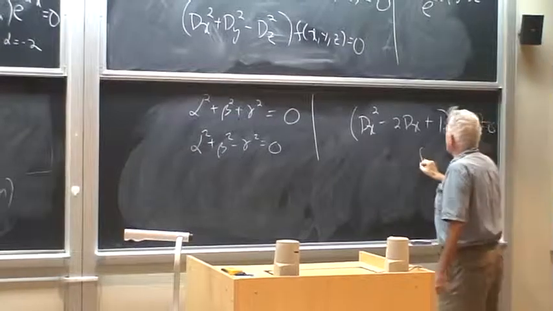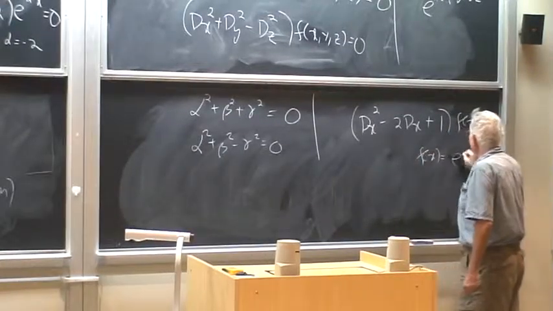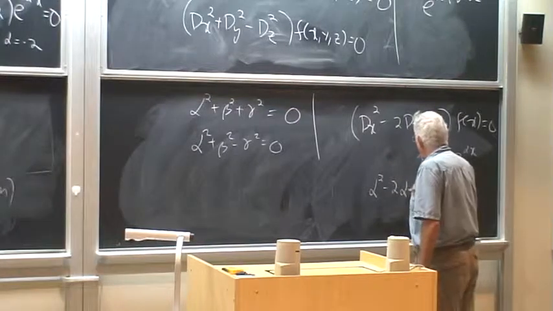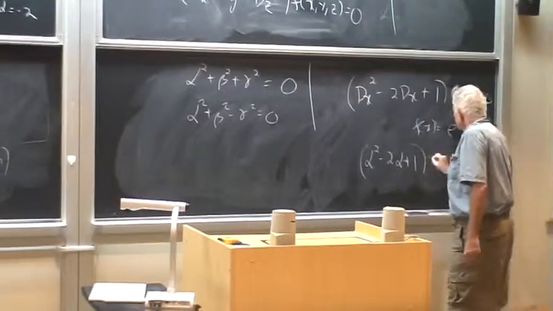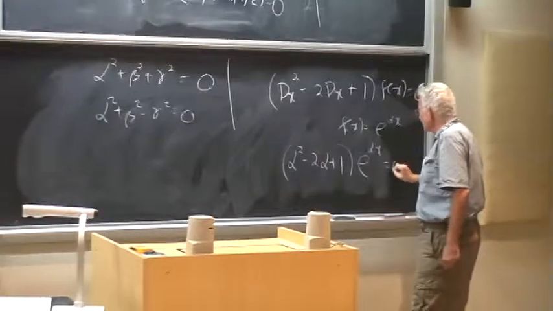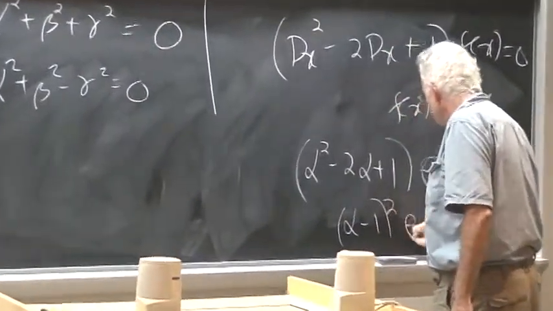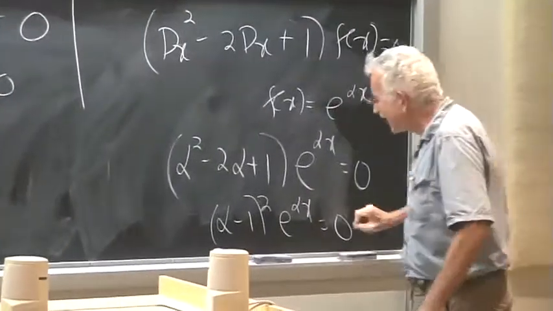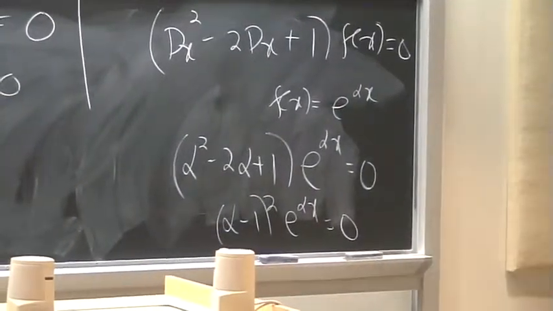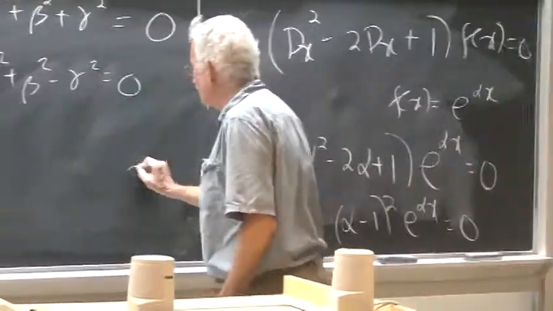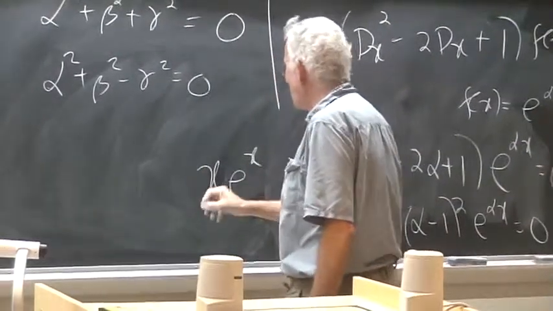So you try f of x equals e to the alpha x, and you get alpha squared minus 2 alpha plus 1 times e to the power alpha x equals 0. And it has a double root. So e to the power x is indeed a solution, but it's not the only solution. So you need, it turns out, x e to the x.